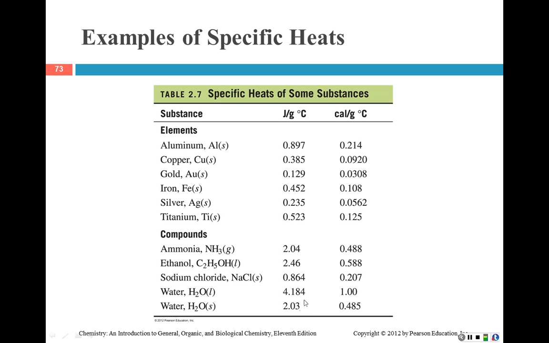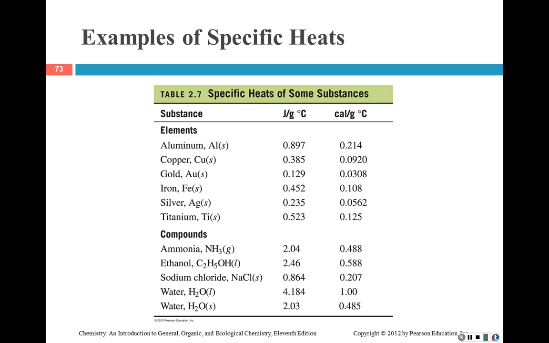Notice water has a 2.03 specific heat as ice. Liquid water is 4.184 joules per gram degree C. In the metric system, it's 1.00. So everything is kind of compared to the specific heat of water.